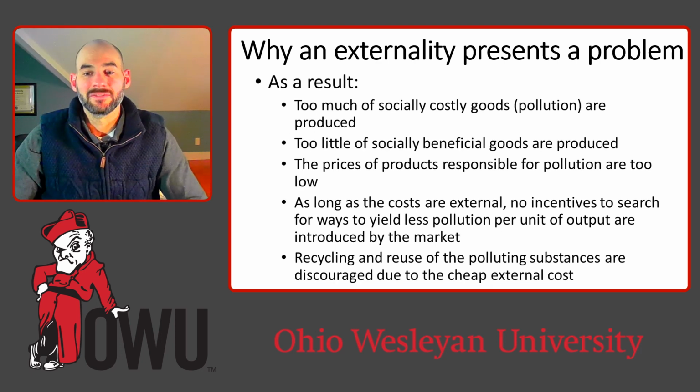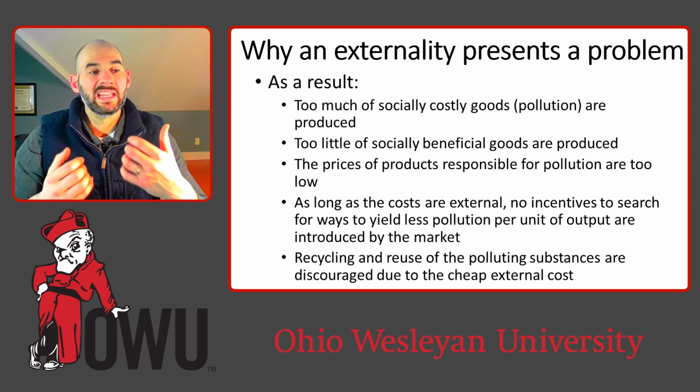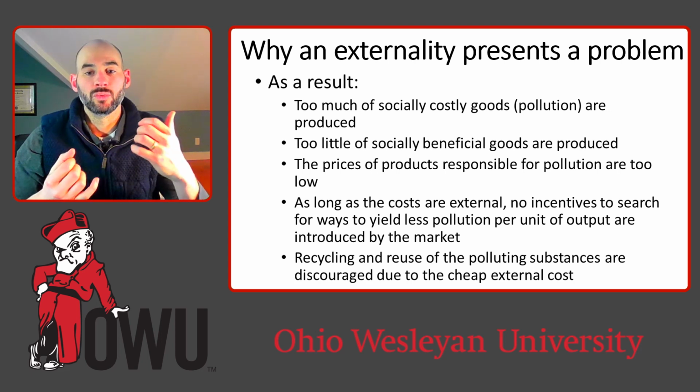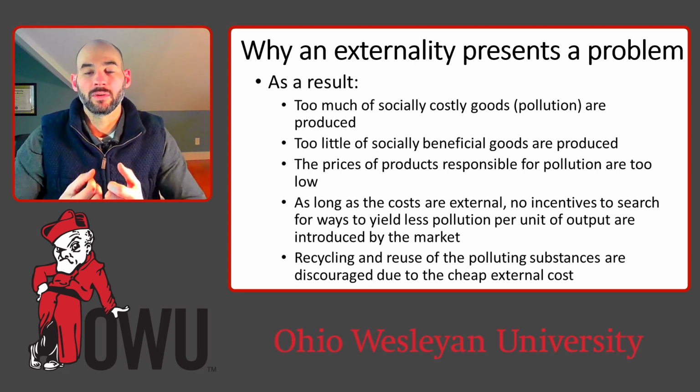And the incentives through the price channel don't exist for the firms or the agents who are imposing the externalities to innovate, to recycle, or any other method which may make their production cheaper to society, which would otherwise be possible if those costs were internal.